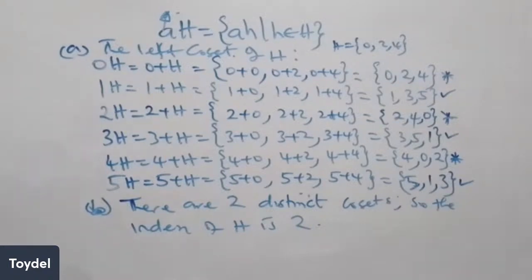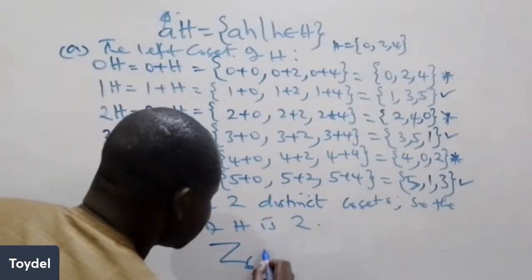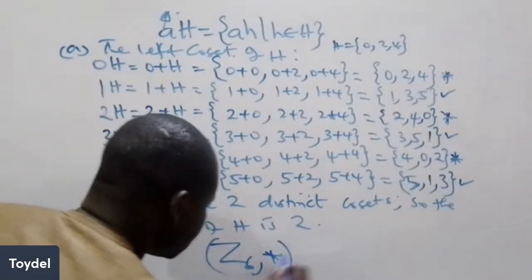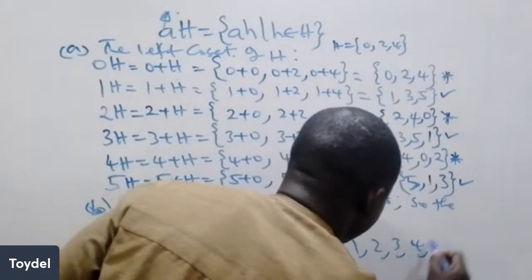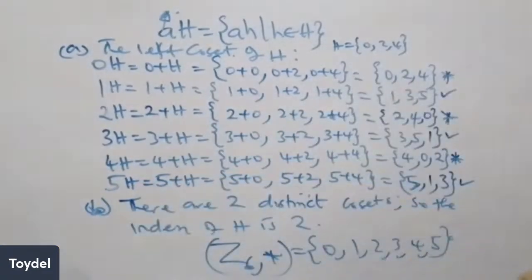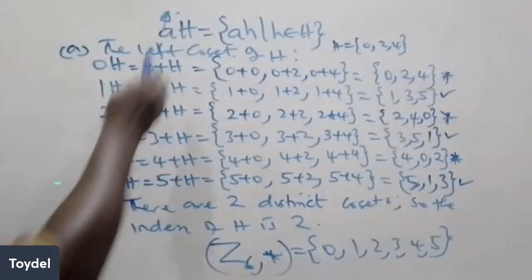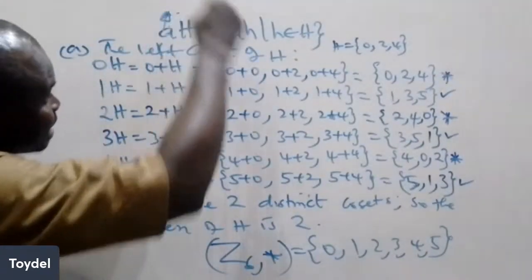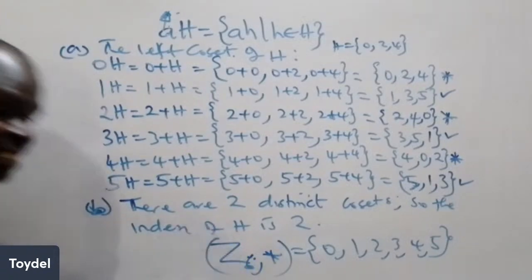Somebody is asking, why do I stop at 5H? Look at Z6. Z6 under addition. The elements start from 0, 1, 2, 3, 4, 5. Please just look at where A is; these A are the elements of the group. In this question now, the group is Z6.